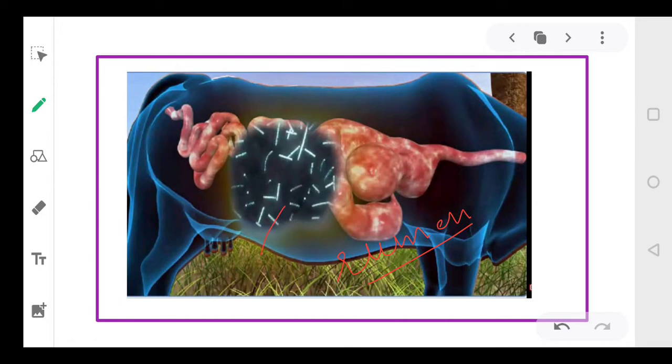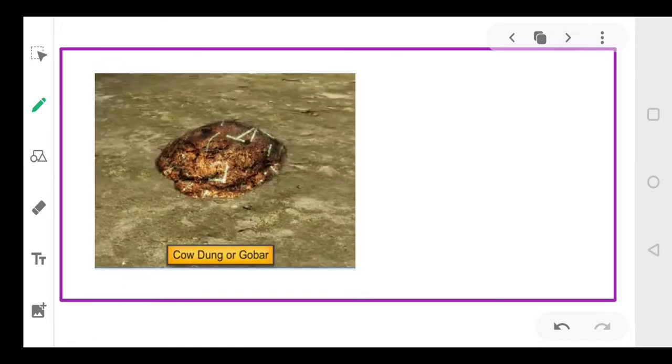These bacteria act upon the cellulose, resulting in the production of methane gas. Because cattle contain a wide variety of methanogens, the cow dung also contains a major quantity of these methanogens. Thus the excreta, called cow dung or gobar.